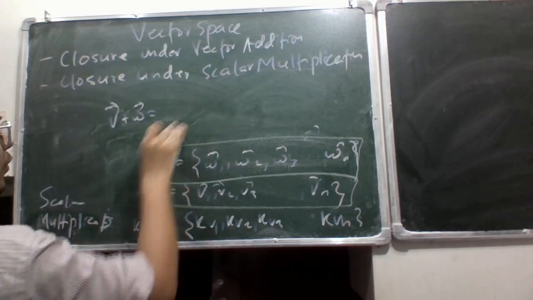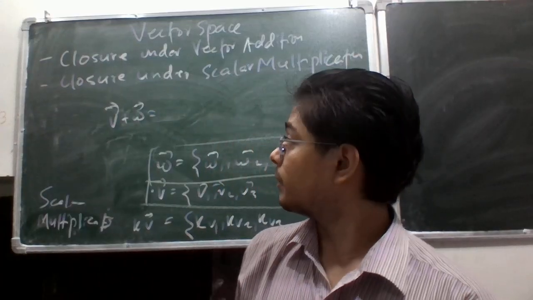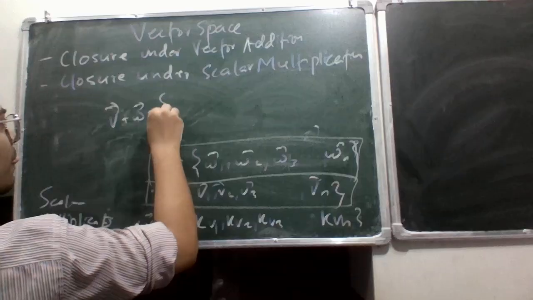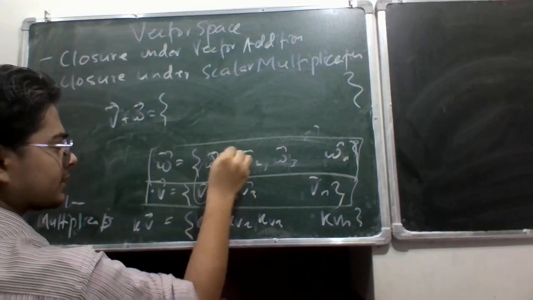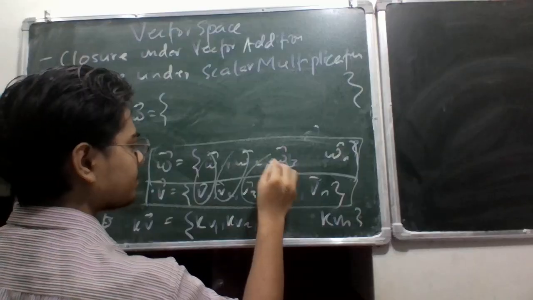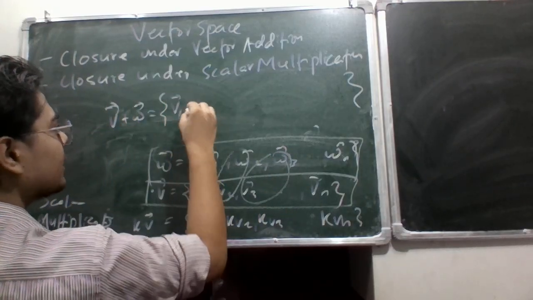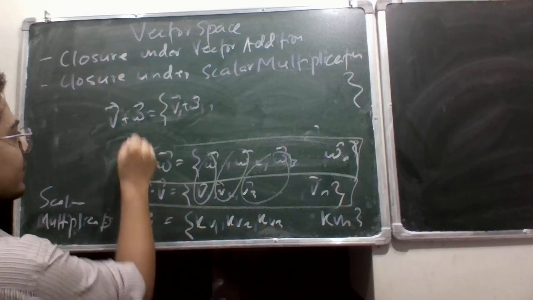Again, if you have done any algebra in your life, you would be pretty familiar with this. You will simply add each of these components of the vector and write them as individual components inside this vector.